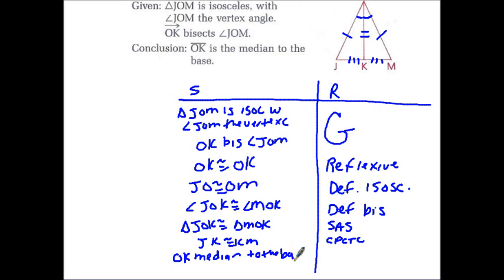Now, we have to be careful with my wording here. So here we go. For my wording, if a segment from a vertex divides the side opposite into two congruent pieces, it's a median.